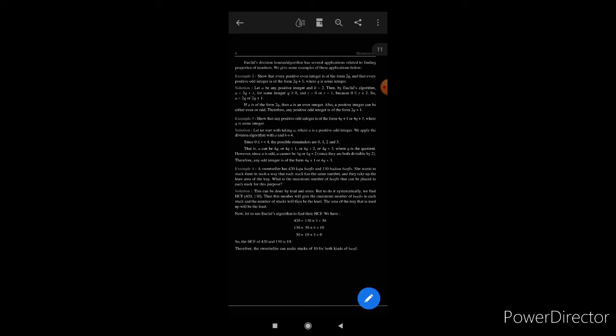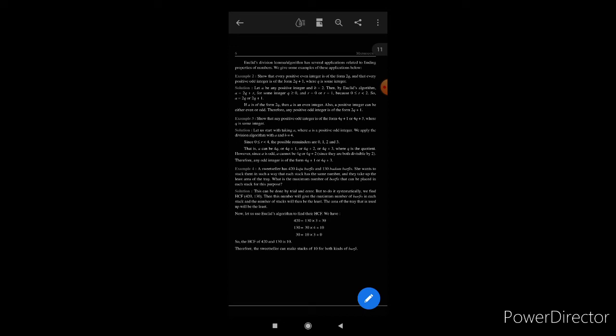Example 3. Show that any positive odd integer is of the form 4q plus 1 or 4q plus 3, where q is some integer. Solution: let us start with taking a, where a is a positive odd integer. We apply the division algorithm with a and b equal to 4.